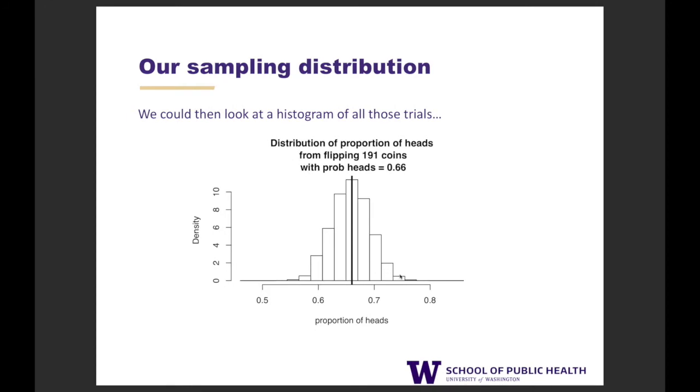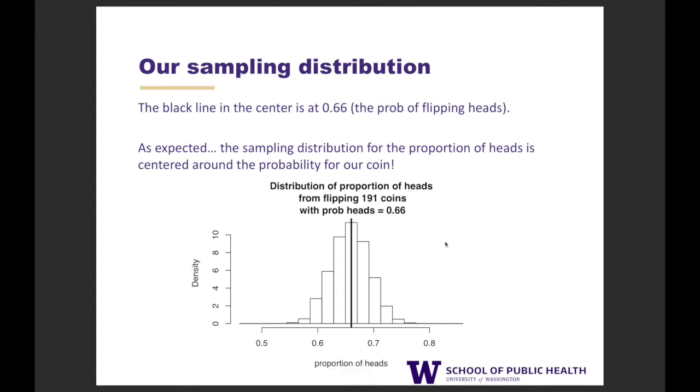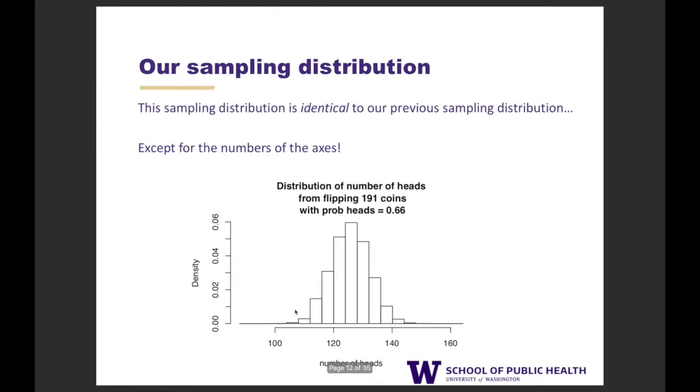On some trials, as many as 75% of them are heads, although it's pretty rare, right? Generally, maybe in most trials, it's between 60% and 70% that we observe heads. Great. So again, as expected, this sampling distribution is centered around our true probability of heads.